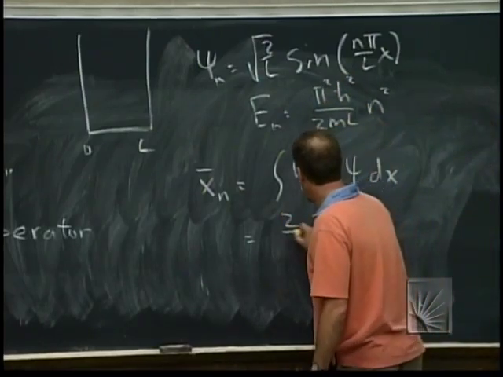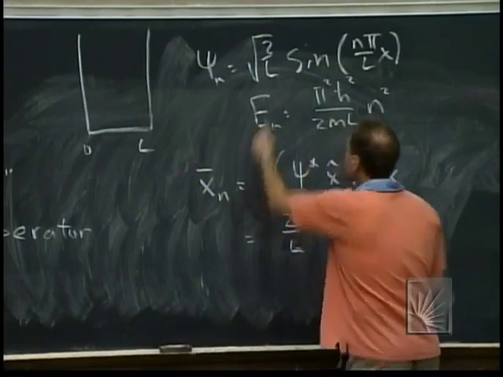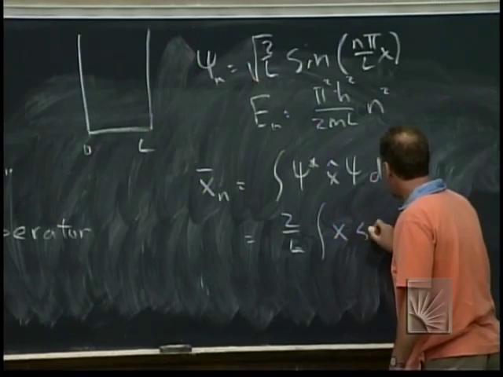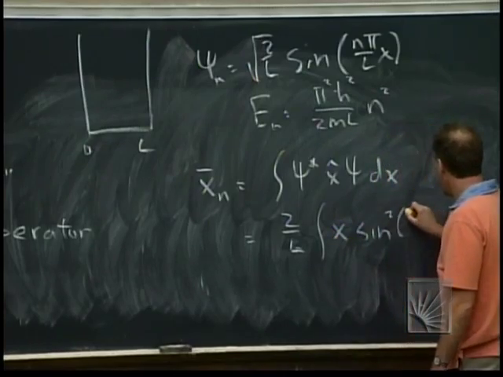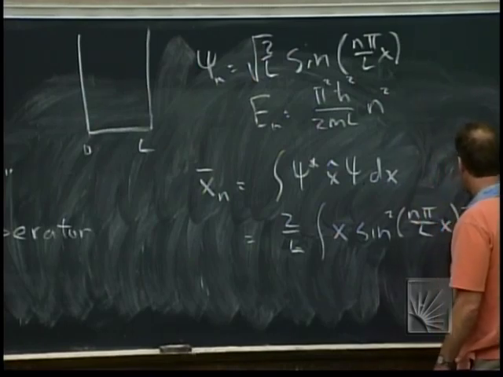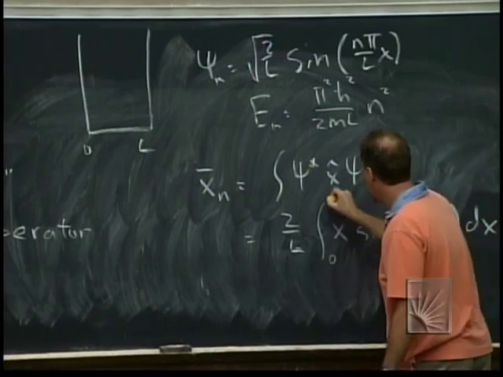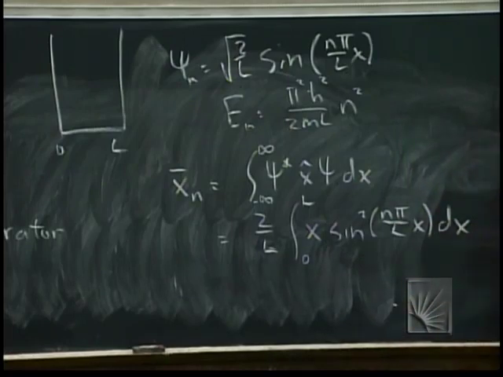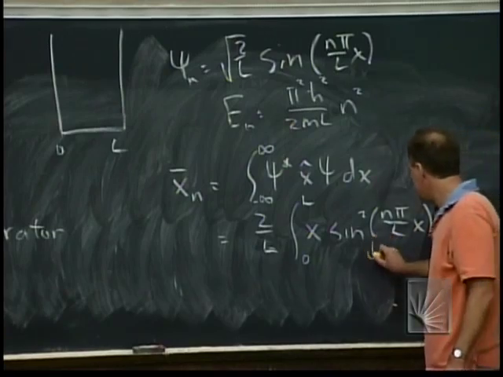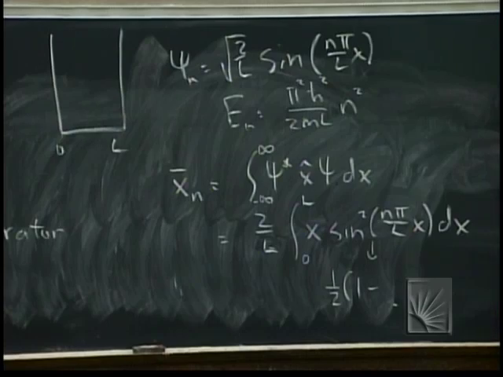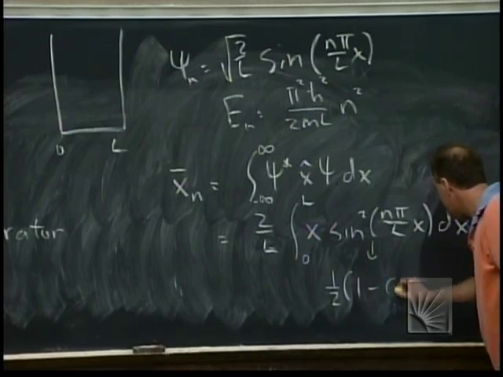So that's 2 over L from squaring that, x, I'll just write it down once, and this is sine squared n pi over L x dx. Now, in principle, of course, I integrate from minus infinity to infinity, but here psi is 0 outside of 0 to L. And as I discussed last time, whenever I see a sinusoid, either sine or cosine squared, I immediately turn it into this other form.